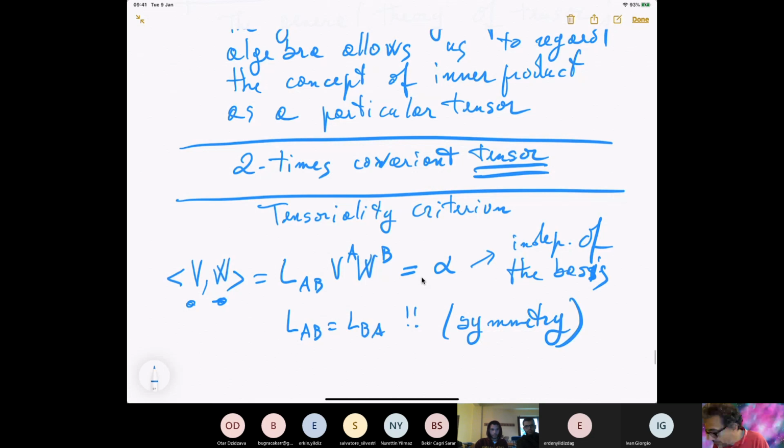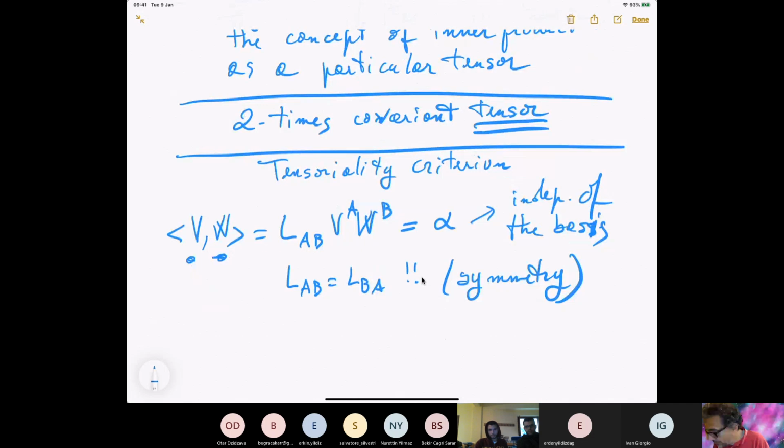You can represent the inner product in this way, and as alpha by definition is independent of the basis, when you write the components V^A and W^B of V and W in your basis, you get this formula, and these are the components of a tensor, and they are respecting the rules of transformation when you are transforming the basis. Okay.